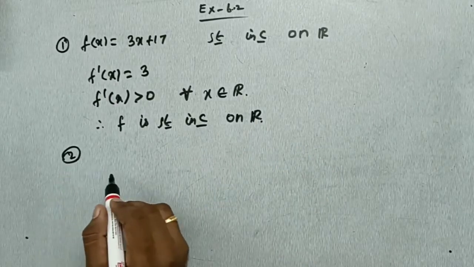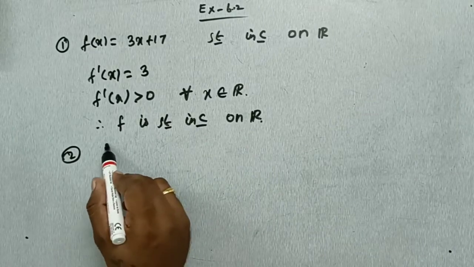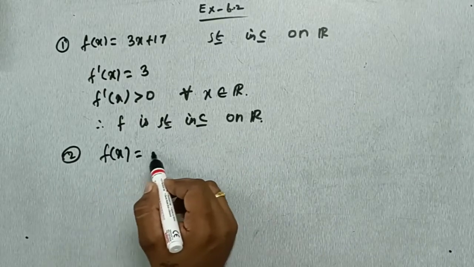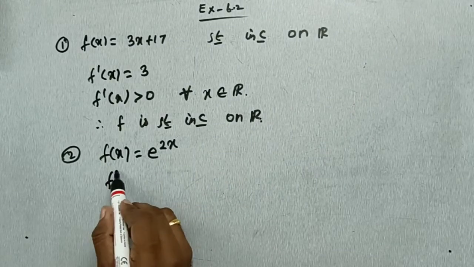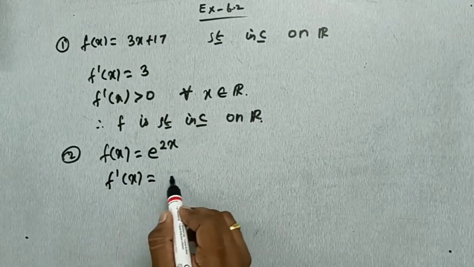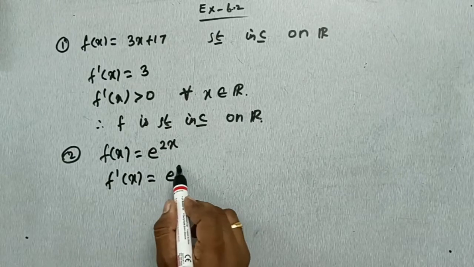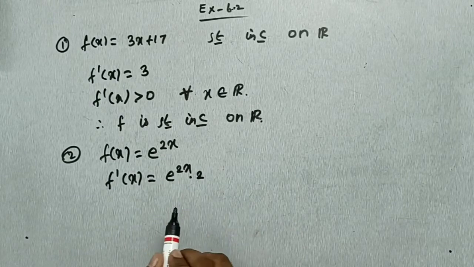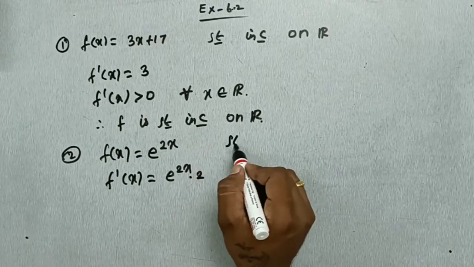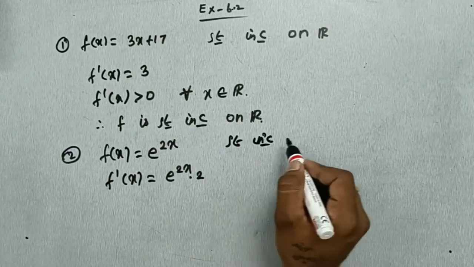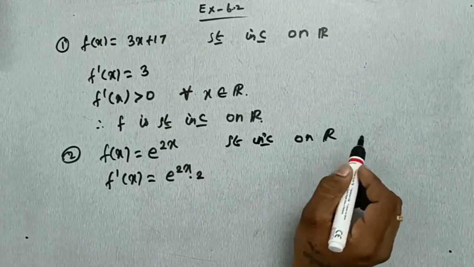Now question number 2, same model. F of x equal to e power 2x. Now what is the value of f dash of x? F dash of x equal to e power 2x into 2. This question also we have to prove is strictly increasing on the real numbers.